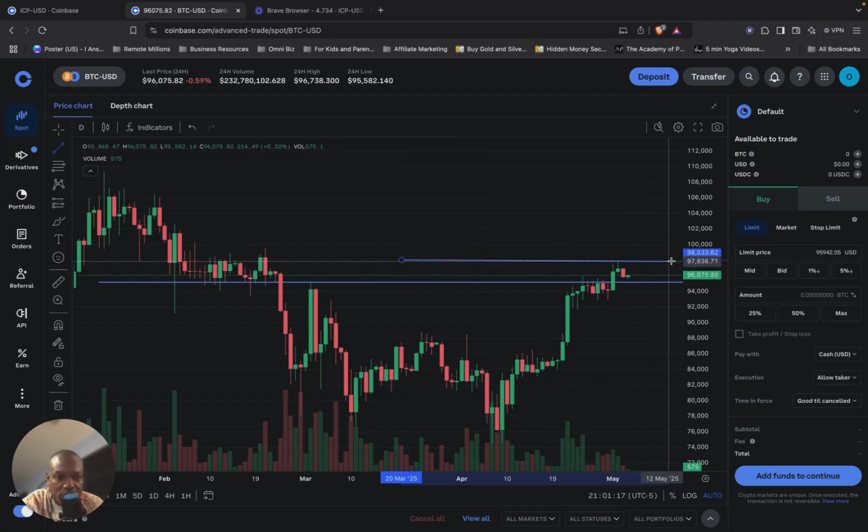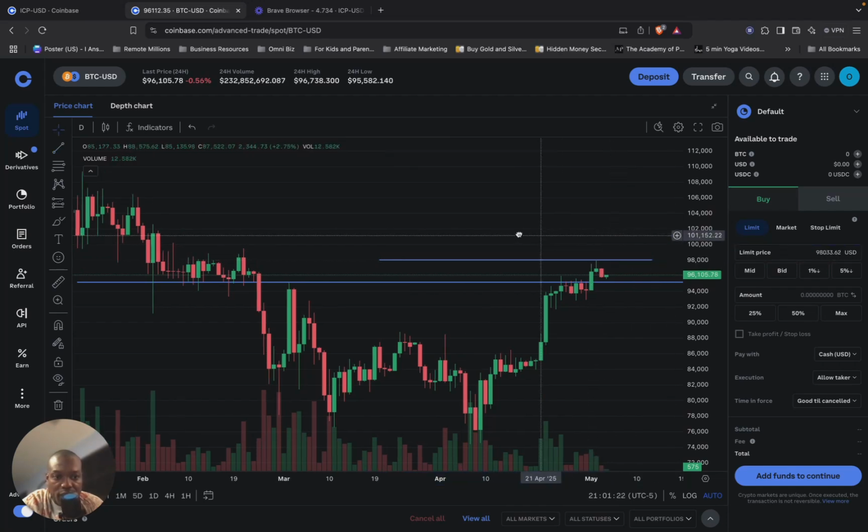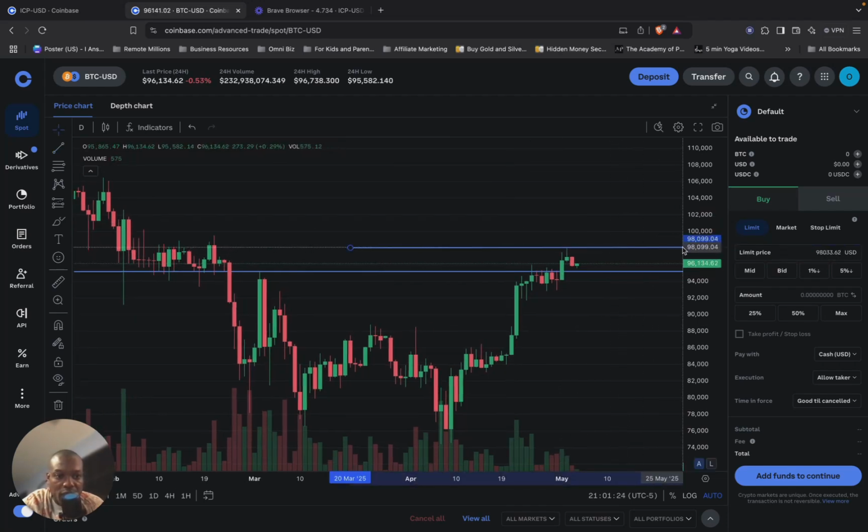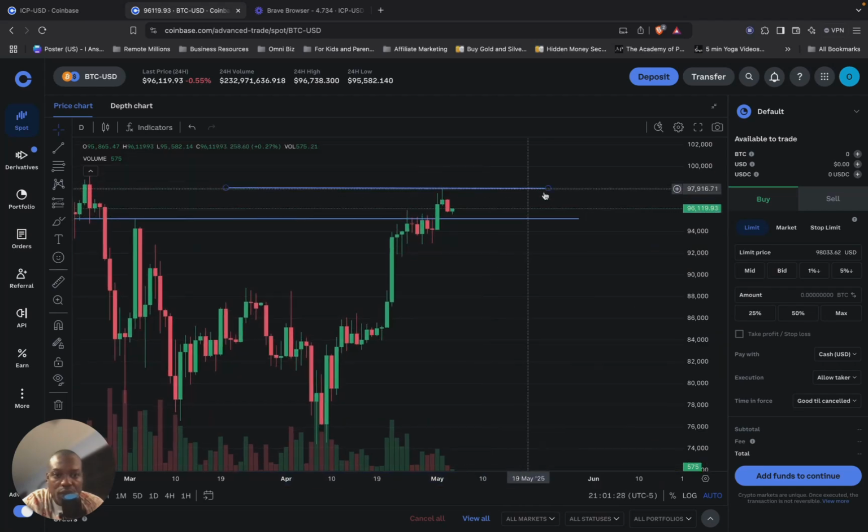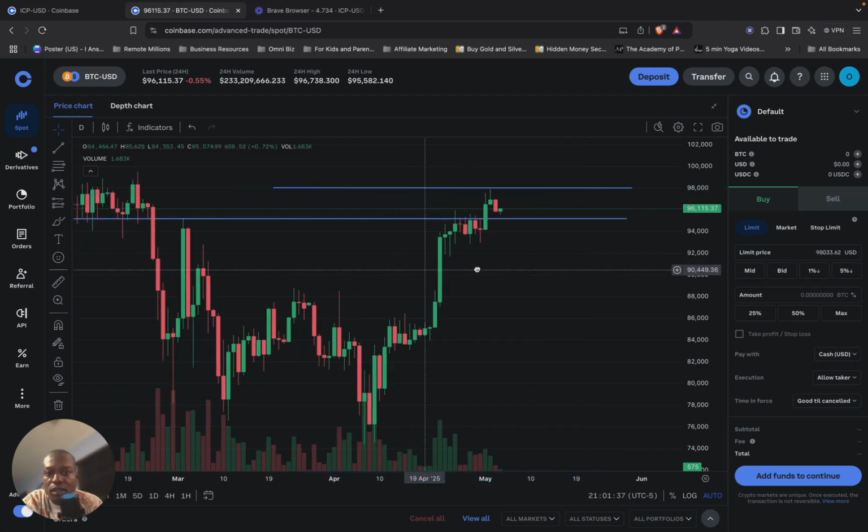See this wick is showing us for that day that it wanted to go, but it didn't go. And we'll figure out why in a second. Well, not why, but we'll read the charts.